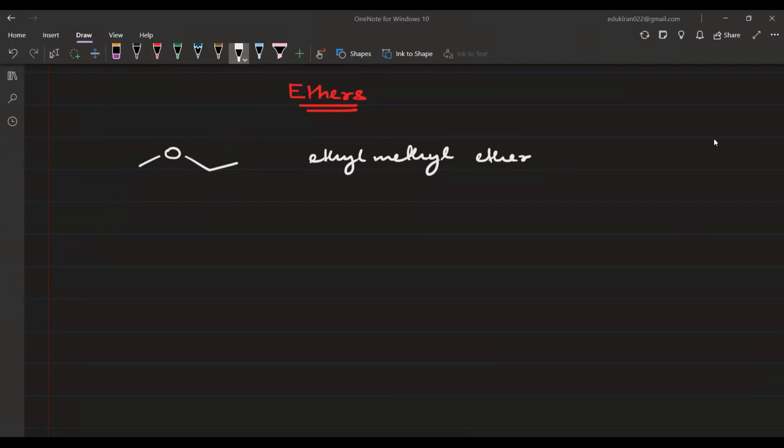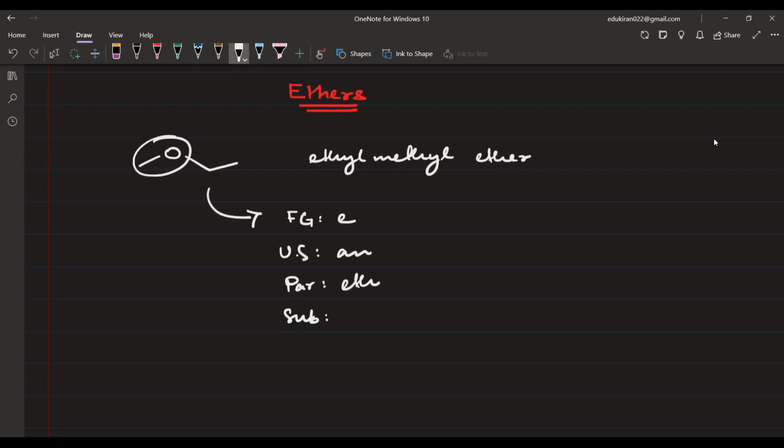But the IUPAC name for this: you will choose the longest chain. That is going to be your parent. The functional group suffix here will be e, the unsaturation will be an, and the parent is going to be eth. And then the substituent here is methoxy.